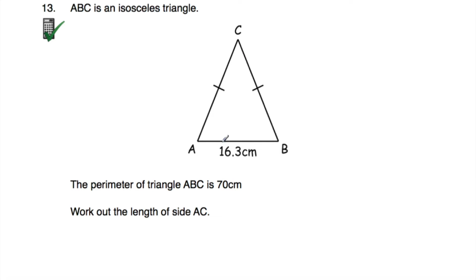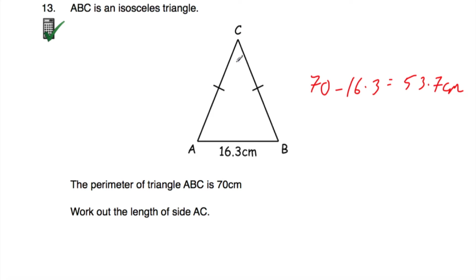So if we take 16.3 away from 70, that'll tell us what's left for the left hand side and the right hand side. So 70 take away 16.3 on our calculator is equal to 53.7 centimetres. So that means that whenever we add up our left hand side and our right hand side, they're equal to 53.7 centimetres, and then when we add on the base we get the 70 centimetres.